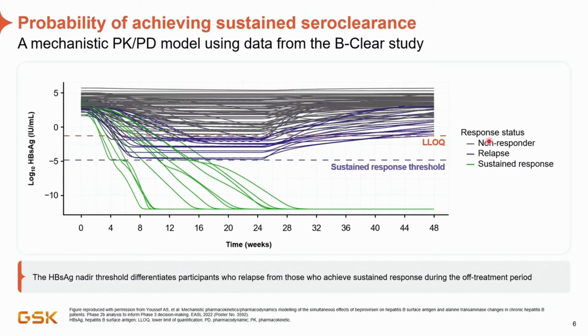But then there's a third group whose surface antigen trajectories are modeled out in green, who get below the LLOQ and then continue to decline and eventually get down to a level where they cannot relapse. And from the model data, it looks like that threshold, which is necessary to achieve a sustained response, is around 10 to the minus 5 logs.